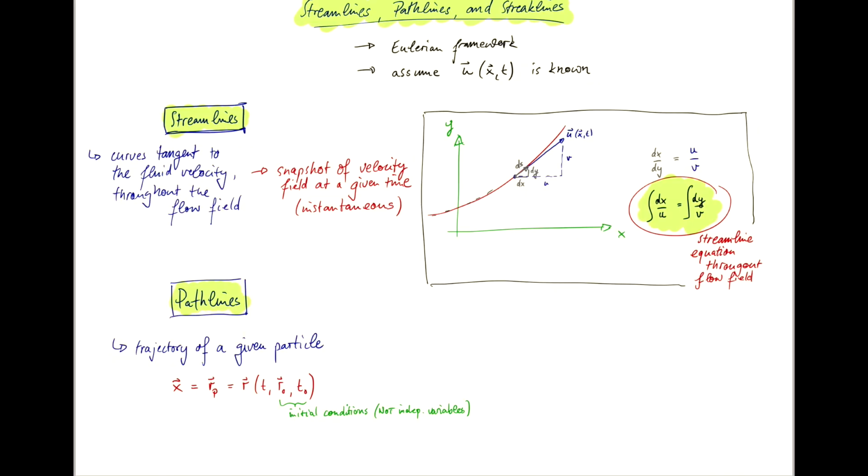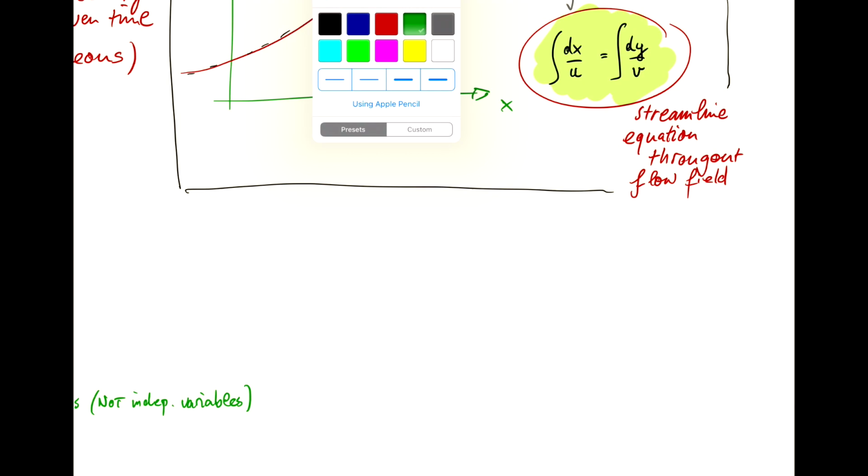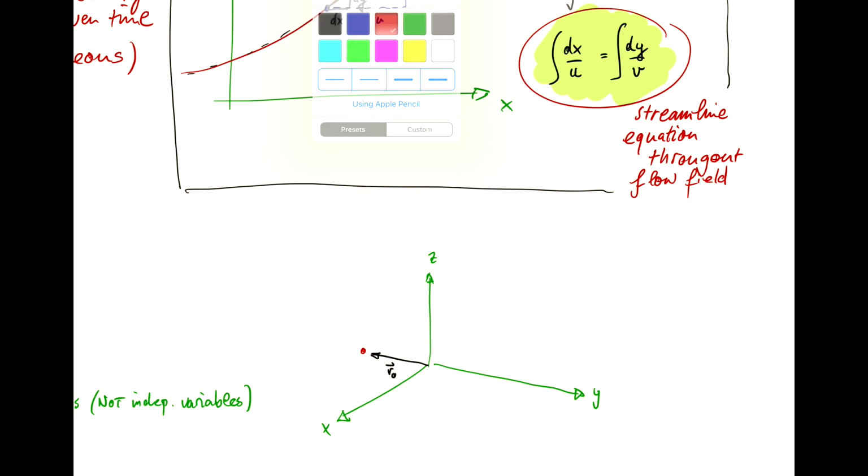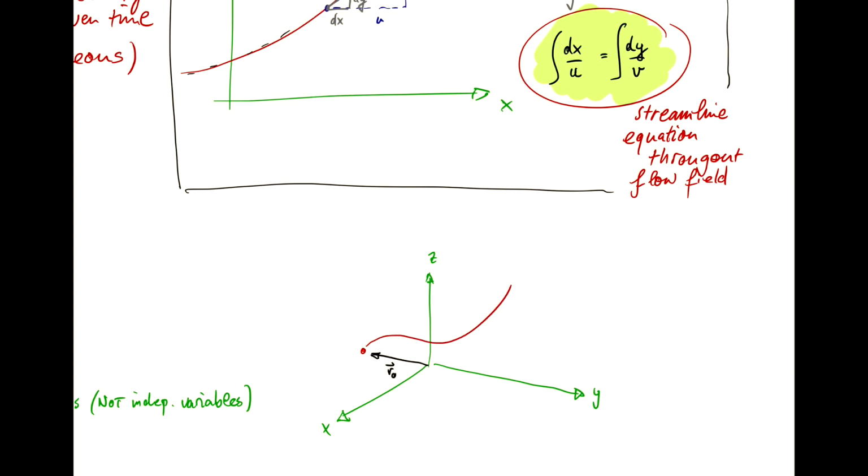So if I draw a coordinate system in 3D space, x, y, z, and I have a particle that is at my initial time t0 at location r0, and I know the flow field, then I can follow the trajectory of this particle over time. And later on, my location will be given by r, which is now a function of time and determined by the initial conditions r0 at time t0.